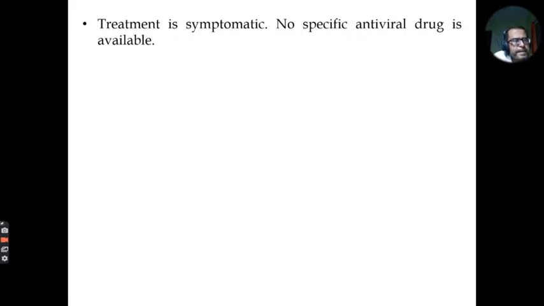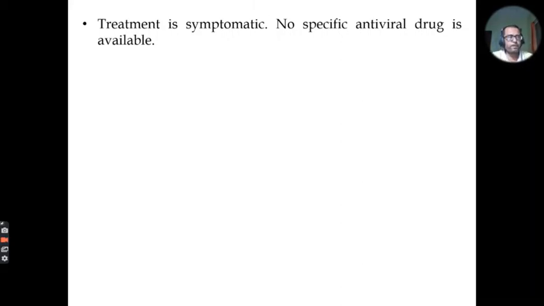Treatment against hepatitis A infection: no proper treatment is available. The treatment depends upon the symptoms. According to the symptoms that the child shows, the child is treated with some kinds of medicine. But no specific antiviral drugs are available against this virus.